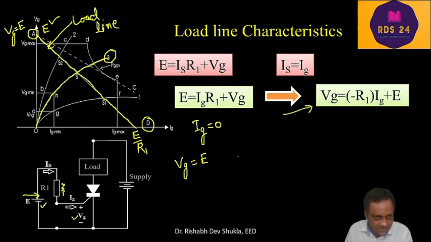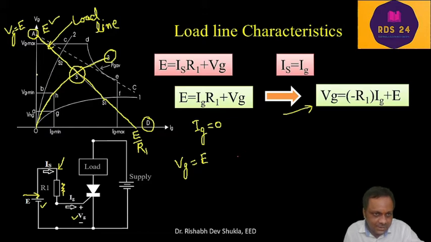When we find the intersection between these two curves, which is here at the point S, that means our gate characteristic operating point will be at S.